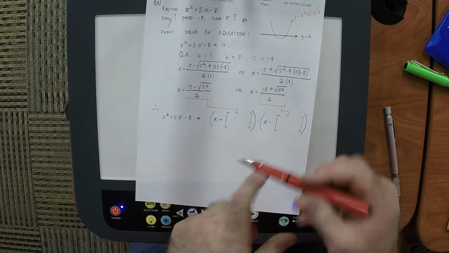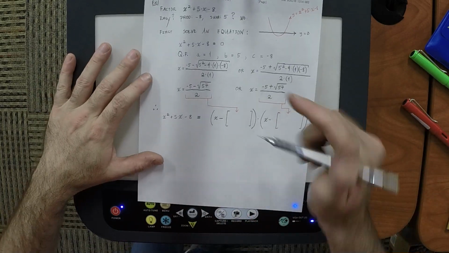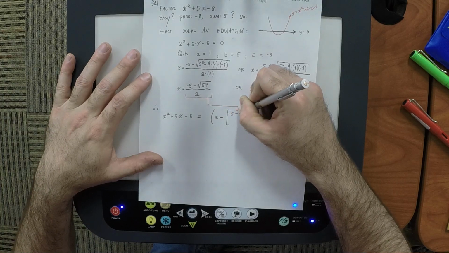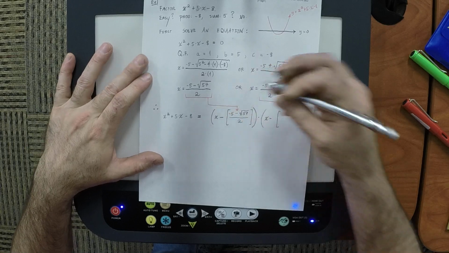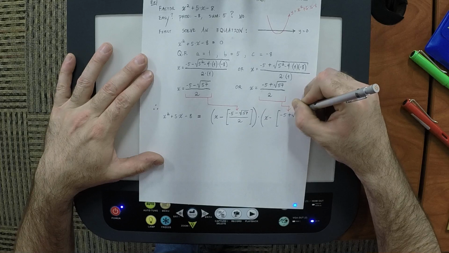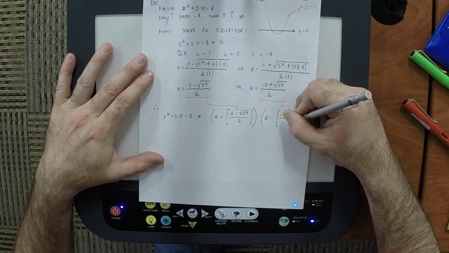It doesn't matter which one goes where, because multiplication commutes. Negative 5 subtract square root 57 over 2. Negative 5 add square root 57 over 2.